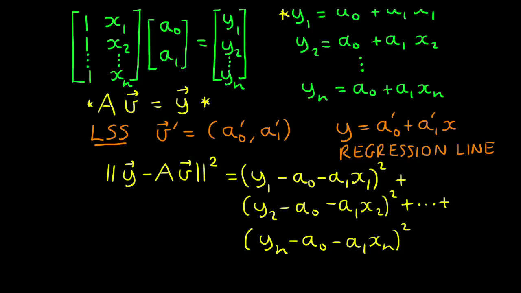And therefore we can write these terms as e1 squared plus e2 squared and so on up to en squared. So this is the least squares error in our approximation.